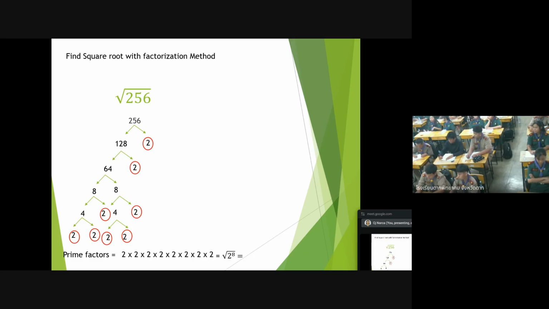The exponent is multiplied by 1/2. Therefore, we have 2 to the power of half of 8, which is 4. Very good. Now, what is the answer for the square root of 256? 2 times 2 times 2 times 2. So, 2 times 2 is 4, times 2, times 2. Okay, so the answer is 16.